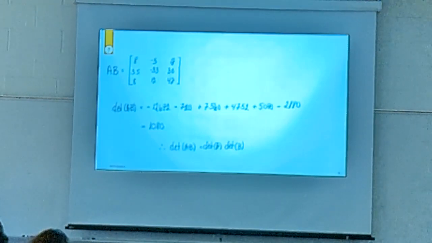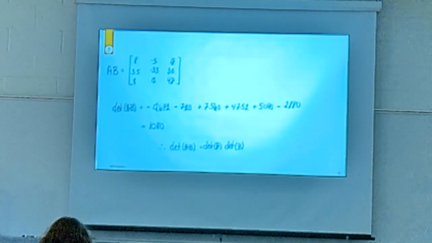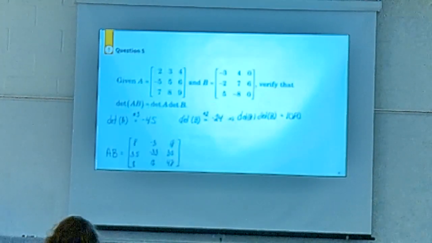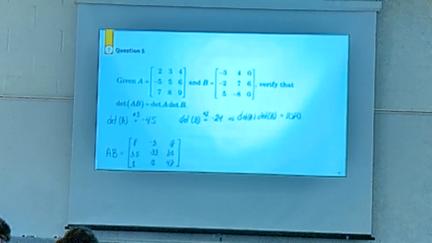I think that's where I prove it for the general case. Well, use this example where we just showed for these two matrices, determinant of A times B is determinant of A times determinant of B.